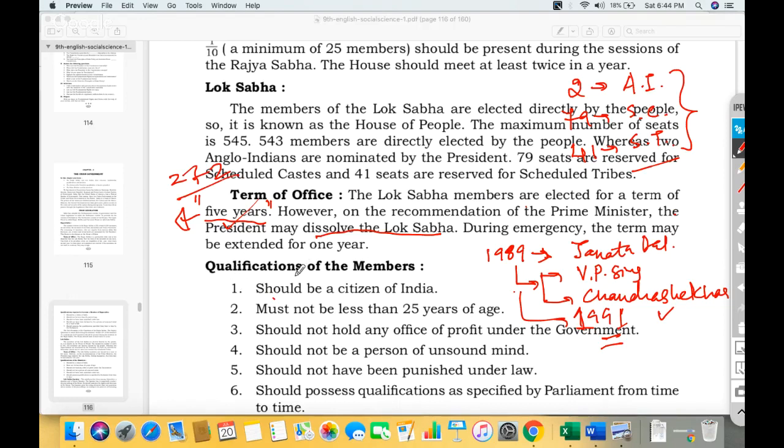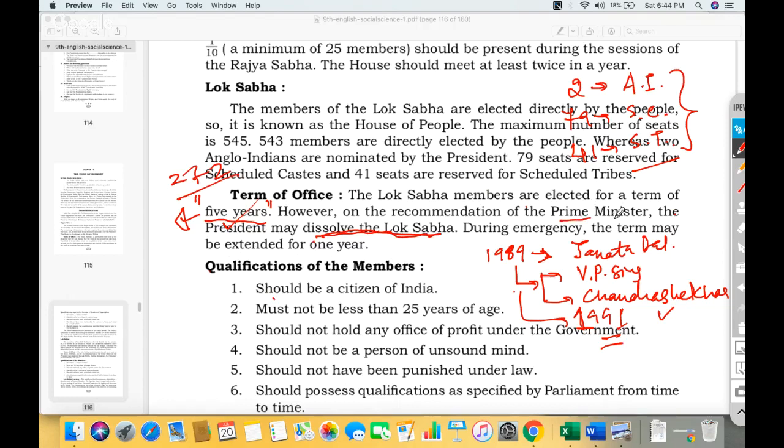If he gets the majority, he will remain the Chief Minister of Karnataka. If he is not able to garner a majority in the Karnataka assembly, he will have to tell the Governor to dissolve the assembly.